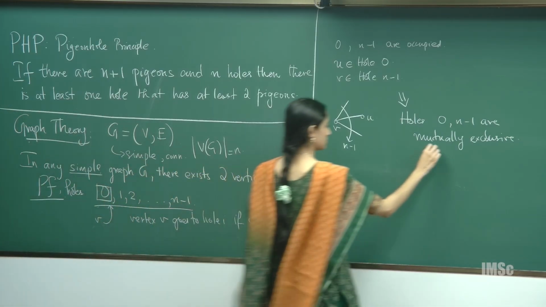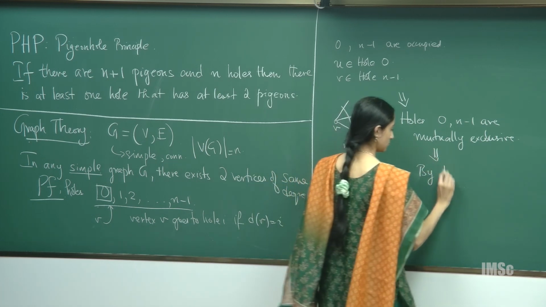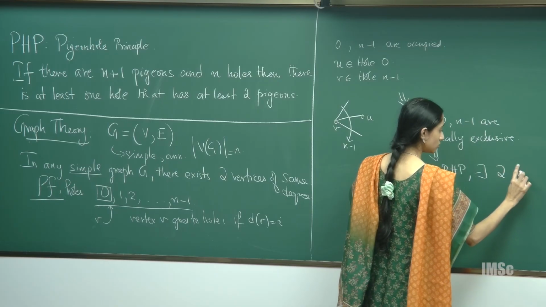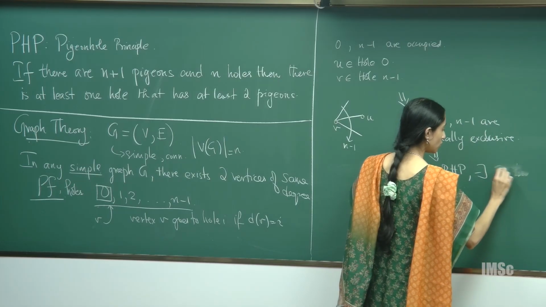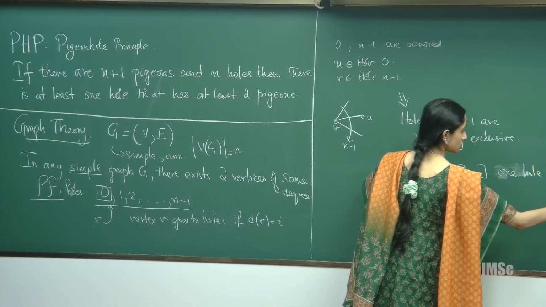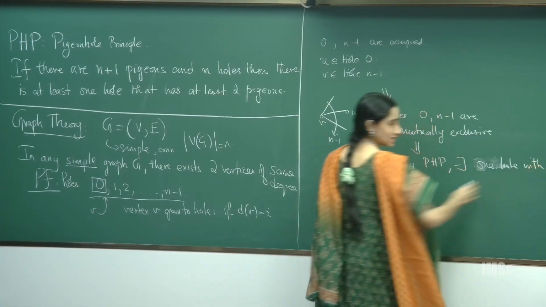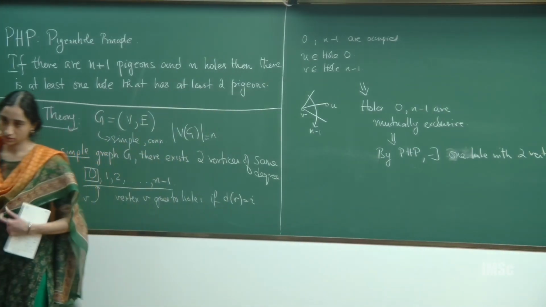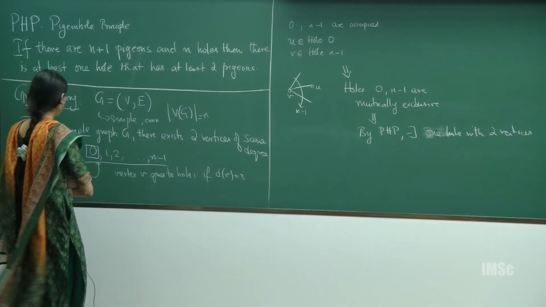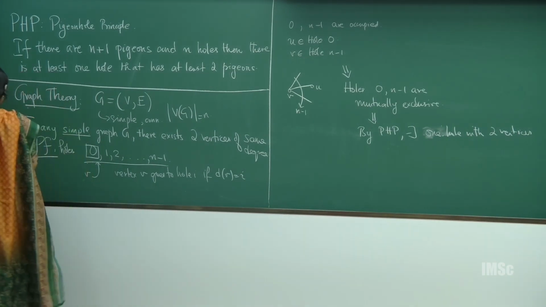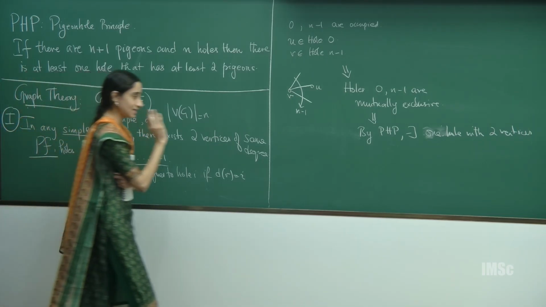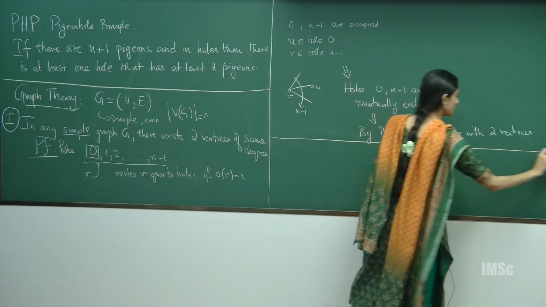So then, with n minus 1 holes and n vertices, there is at least one hole with at least two vertices. Is that okay? That is a simple example of the Pigeonhole principle.